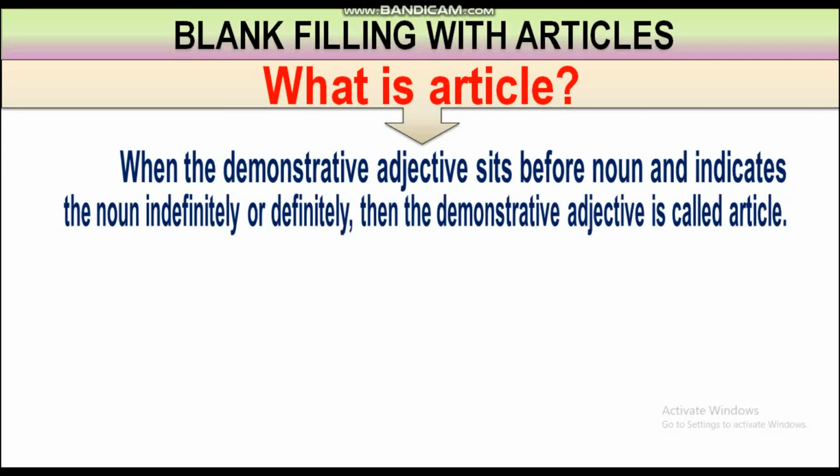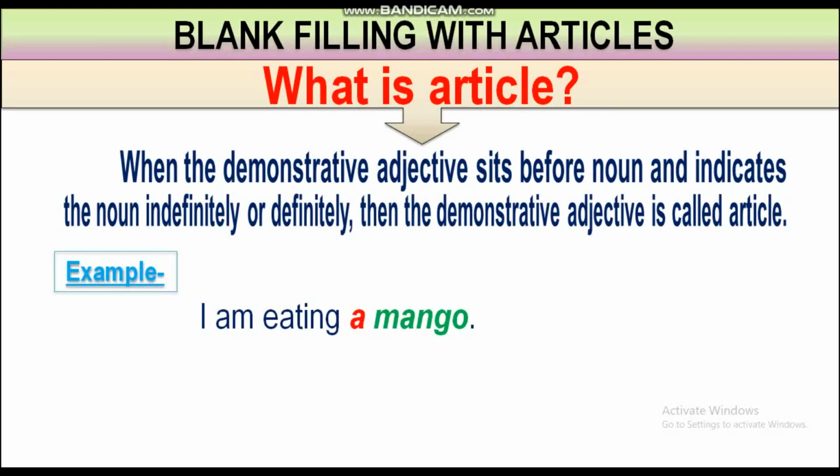So dear students, never say in brief or in short that a, an, and the are called articles, because you cannot call them articles if they do not belong to demonstrative adjective. Howsoever, let's see an example to make you clear.